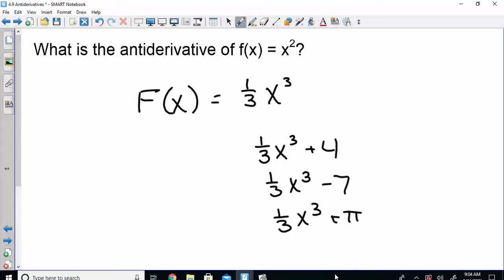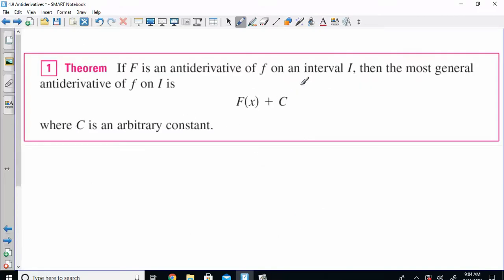What do those differ by? What's the only difference? The constant, because when you take the derivative, the constant disappears. It becomes 0. So, in general, when we find antiderivatives, we will put a plus c on the end to say it could be any constant there. So that is your next slide. The most general antiderivative would be F of x plus c, meaning you could have any constant on the end.